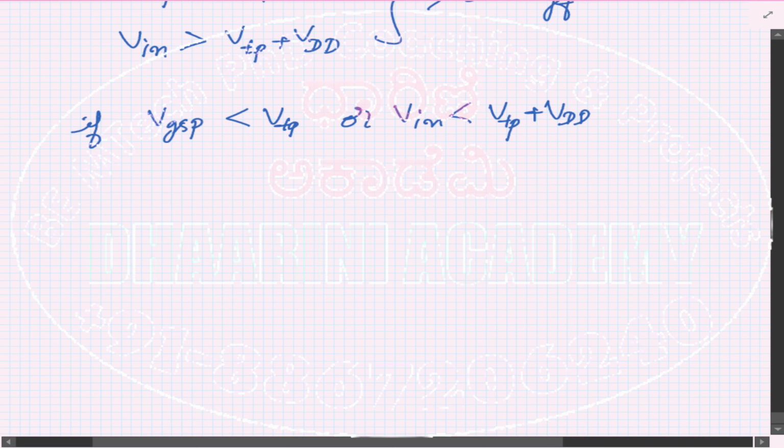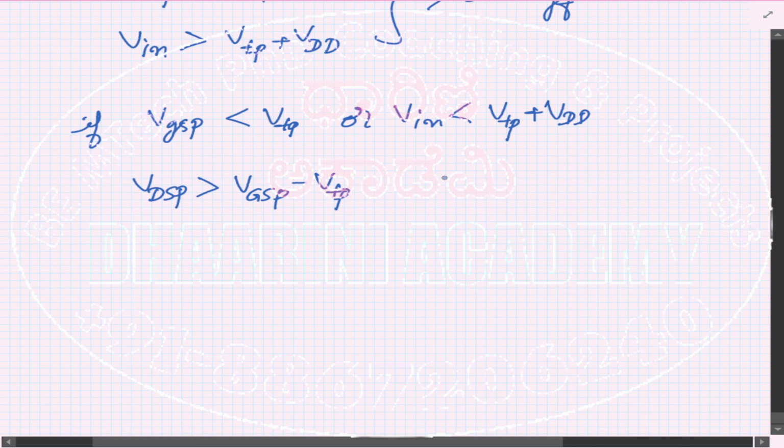Otherwise, we are familiar with another version, that is in terms of the drain to source voltage, VDS of a PMOS. For NMOS, here I write a less than sign. I have to write a reverse now: it's greater than VGS of the PMOS minus the threshold VTP.